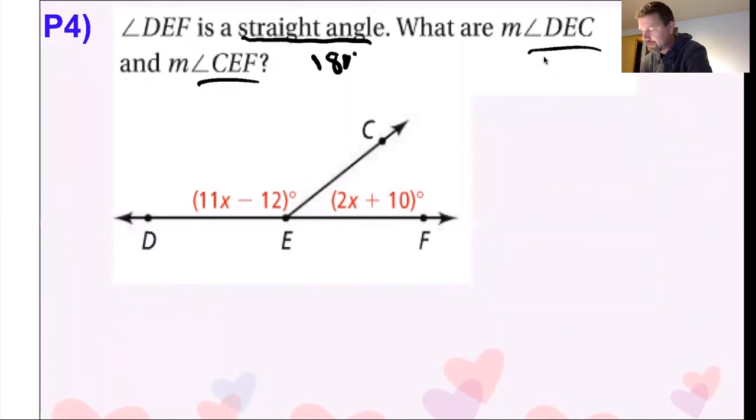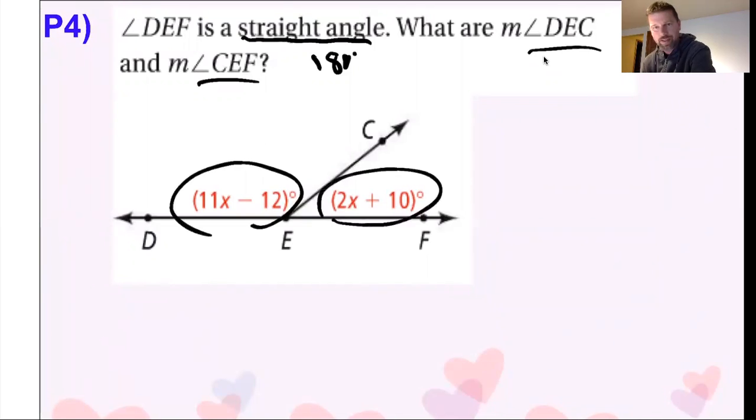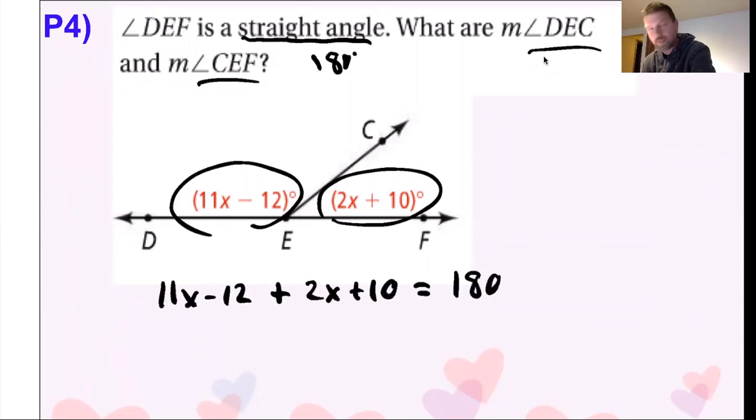So let's write that equation out. I know if I added this angle plus that angle, that should be 180 degrees. So I know 11x minus 12 plus the other one, 2x plus 10, I know that's going to have to equal 180 degrees.